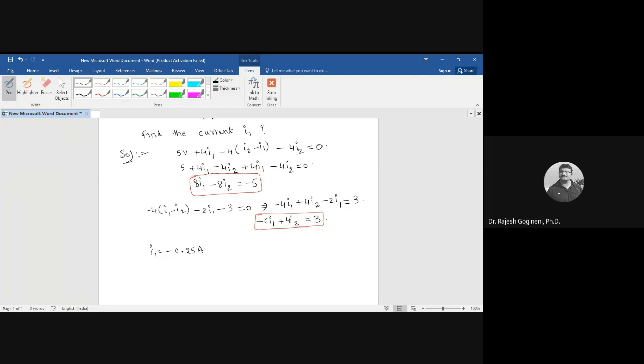Did anybody get the answer? Is it right? Minus 0.25 amperes. Did anybody get a different answer or the same? Minus 0.25 amperes.